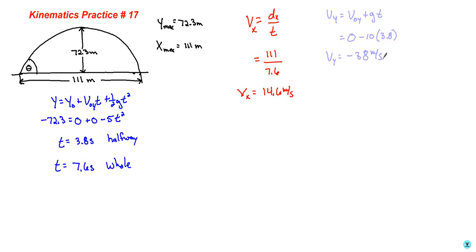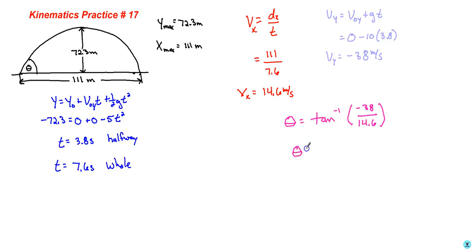Okay, so now we've got this information. We know the speed in the y, and we know the speed in the x. So now it's just a matter of finding that angle. Again, we have the x component and the y component for these speeds. So to find the angle, it's very simply the opposite side and the adjacent side: the inverse tangent of theta is going to be negative 38 divided by 14.6, which is the y over the x.